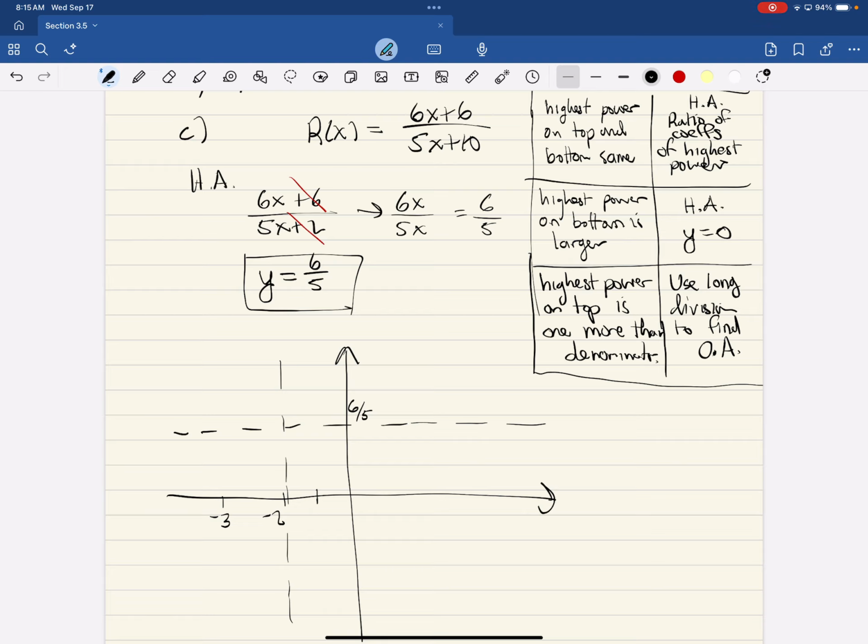the question now is, are we going up or down along that asymptote?